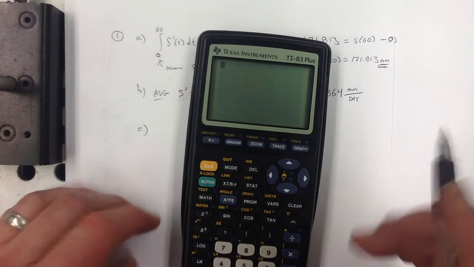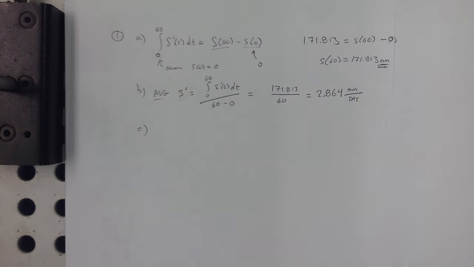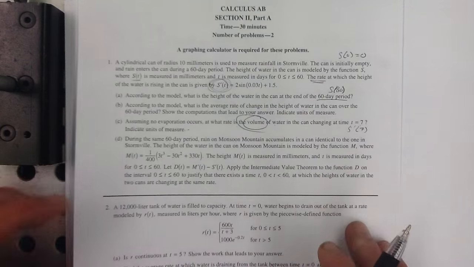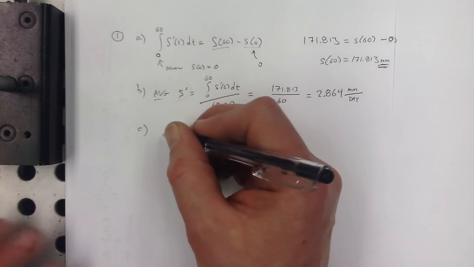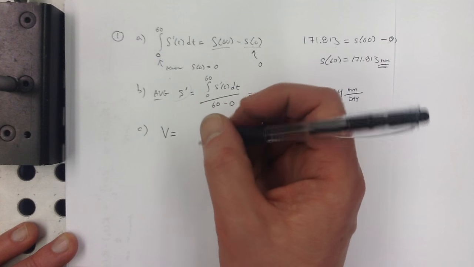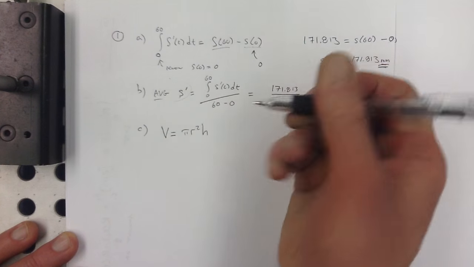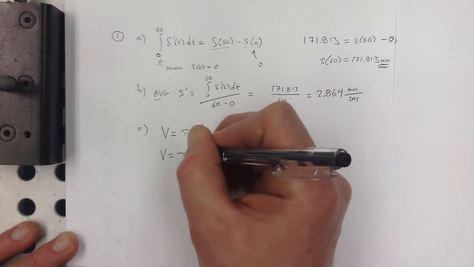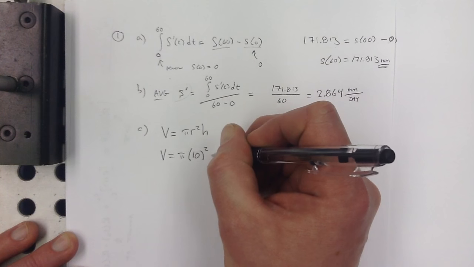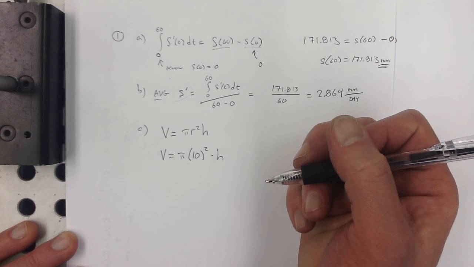Sounds harder than it is, but the at what rate is the volume? Just kidding. Volume of water, right? Okay, let's try that again. So volume, in this case, since it's a cylindrical can of radius 10 millimeters, volume is equal to pi r squared h. So volume is equal to pi times the radius, 10 squared, times h, right?